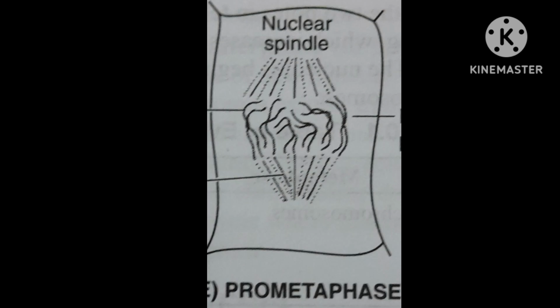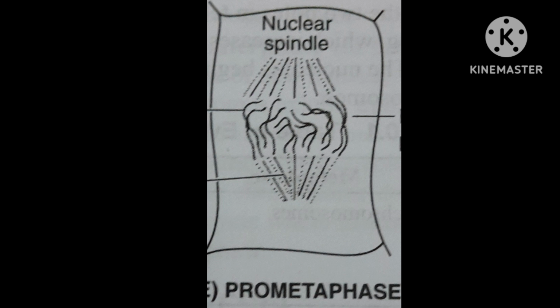After prophase, the next stage is known as metaphase. In this phase, the chromosomes tend to aggregate in a central position of the cell. Chromosomes align themselves on the metaphase or equatorial plate, and their arms are directed towards the poles.